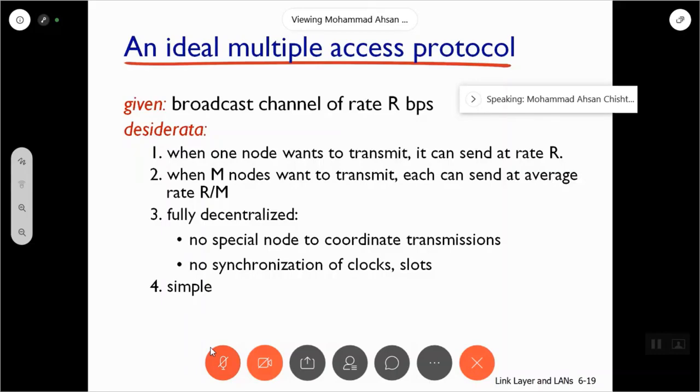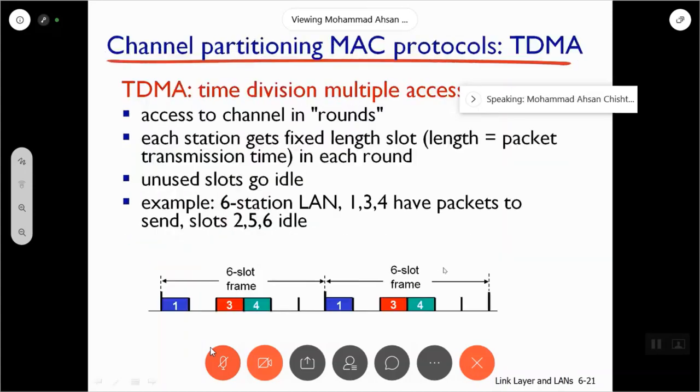If the master fails, the whole system fails. It will bring the entire system down. We don't need a special node that would coordinate it. We don't need synchronization of clocks and slots and so on. And lastly, it should be simple and inexpensive to implement.